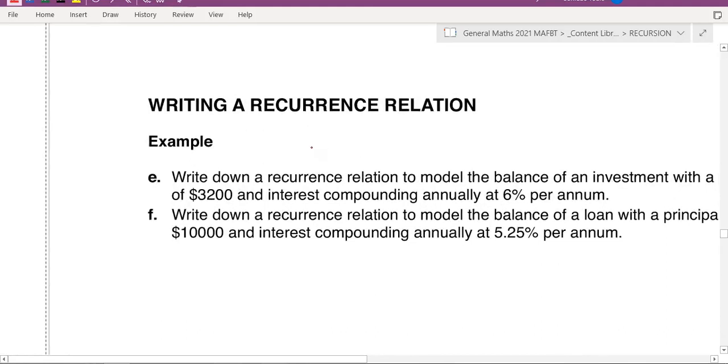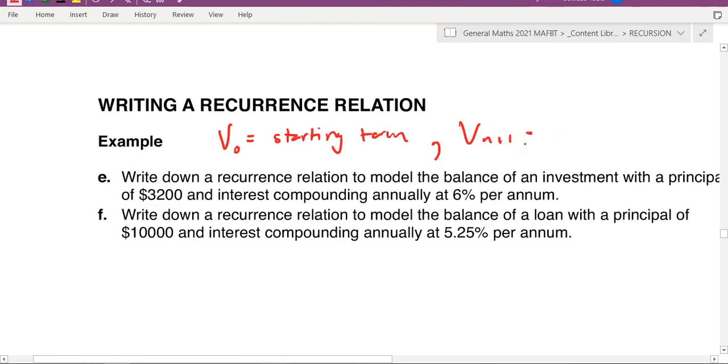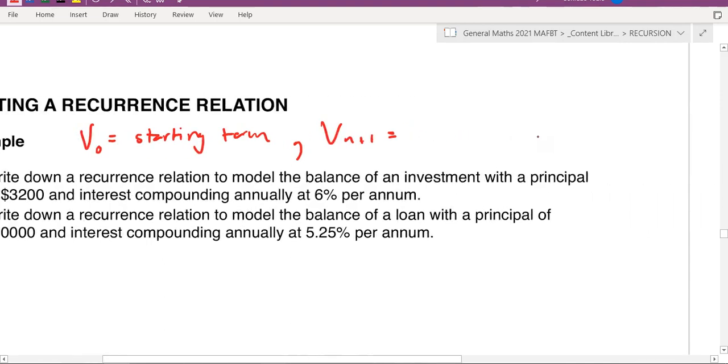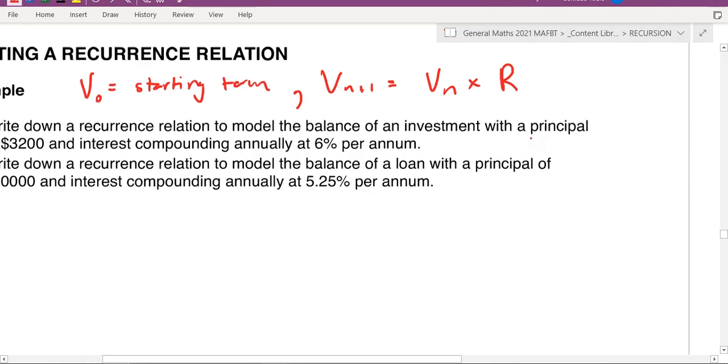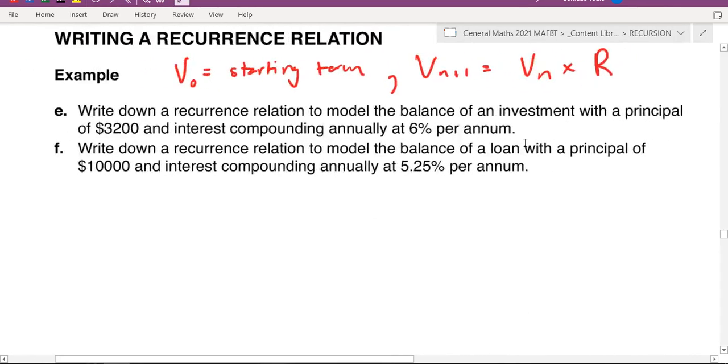So for this one, it should look like this: V0, tell me the starting term. And then Vn plus 1, you've got to tell me how you get the next number. So it's going to be Vn times whatever the R is.